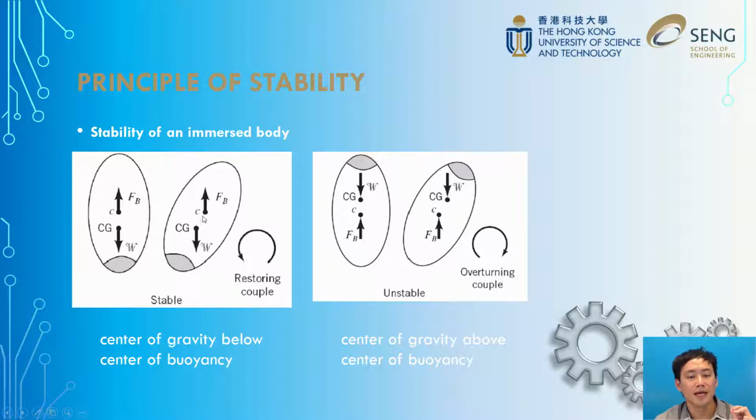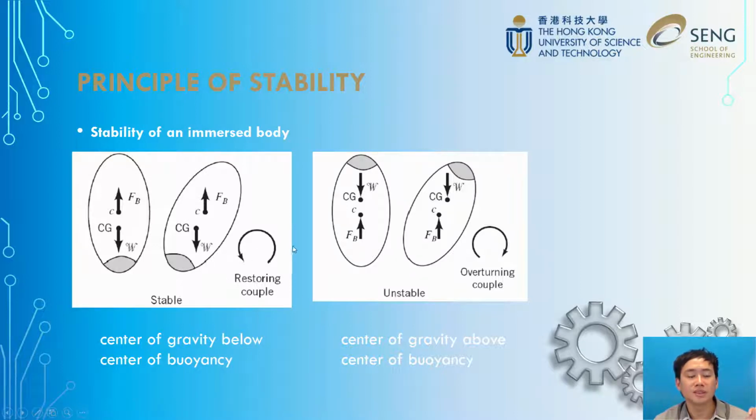And this moment arm together with the two forces will generate a couple, a force that rotates the system in the counterclockwise direction. You can see that the counterclockwise movement will bring the system back to the original position. And that's why we call it a restoring couple.